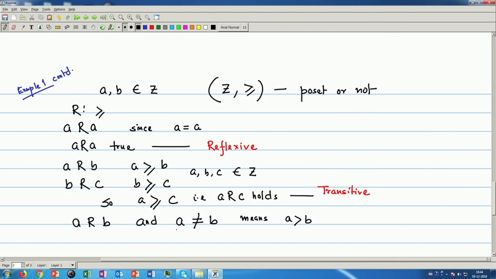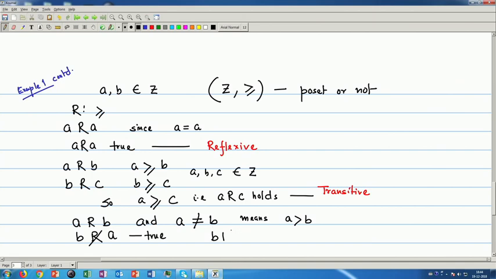Now, if we remember the definition of antisymmetric, A R B, and if A not equal to B, then B R A should not hold. It holds, because B R A is never true.